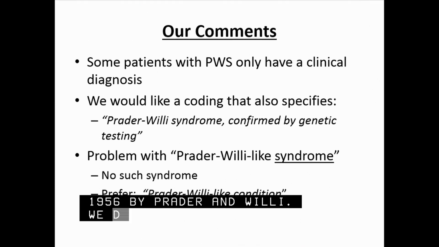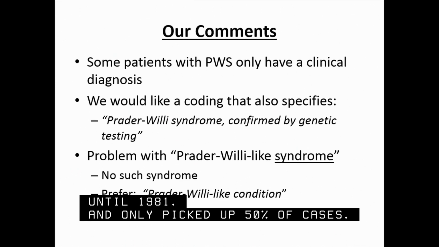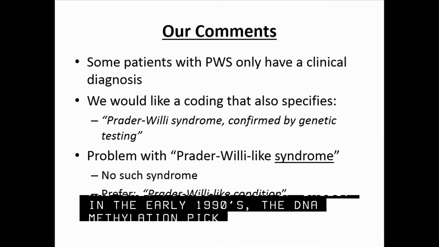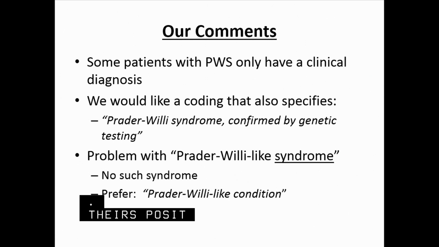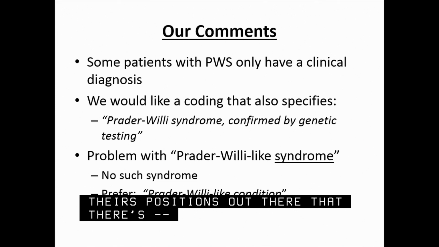And that was like high-resolution chromosomes. Then, in the early 90s, the DNA methylation test now picks up virtually 100%. But a lot of our adults haven't had the testing, or there are physicians out there, non-geneticists, that have somehow labeled someone that has obesity and hyperphagia as having Prader-Willi syndrome when they don't.